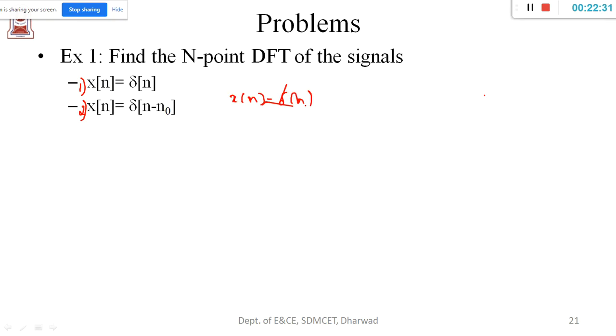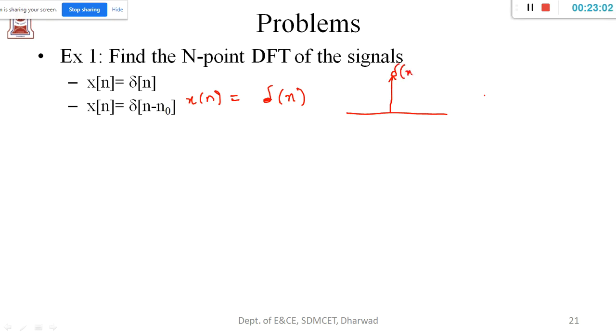What is this delta of n? You might have studied it. In mathematics, it is called the impulse function.